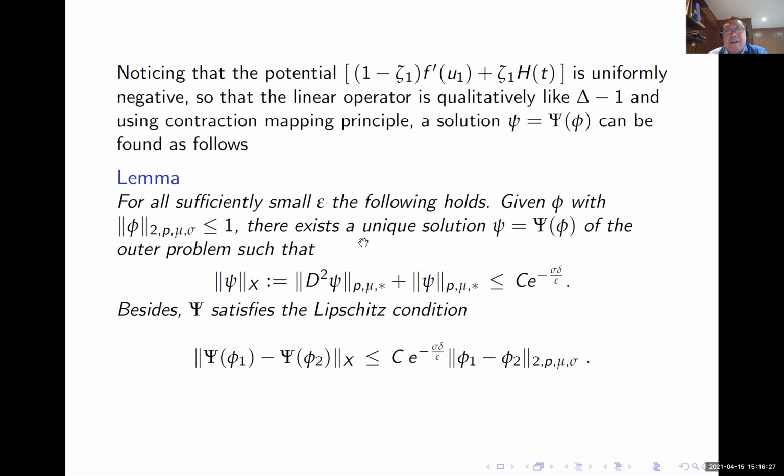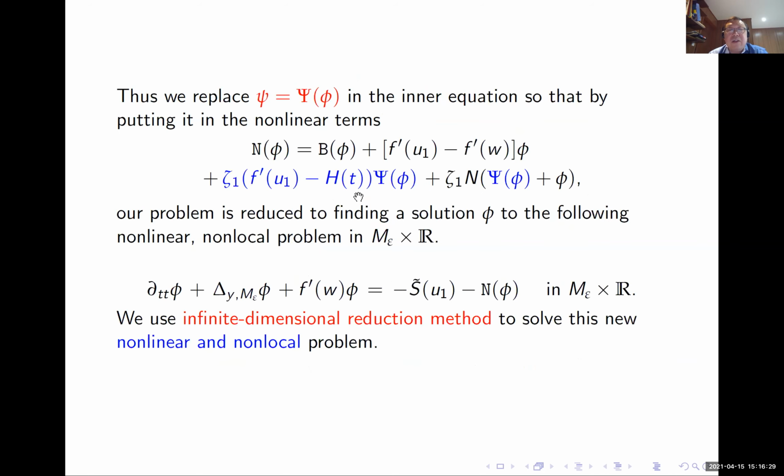Now I plug the outer problem into the inner problem. Then my inner problem becomes nonlinear but non-local, because you solve the outer problem globally. So there is a non-local problem here.